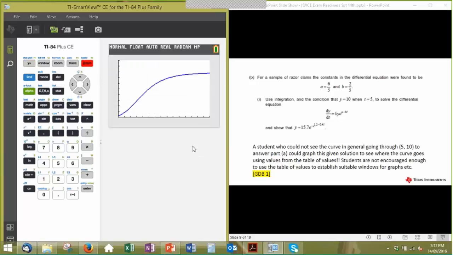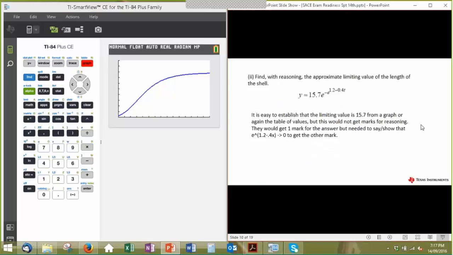There it is, that's the graph of it, and if you transfer that onto the slope field, it comes up quite easily. The next bit of that question was: find, with reasoning, the approximate limiting value of the length of the shell. Now, this is the formula for y, the length of the shell. If you use your calculator, you can see that it's obviously heading towards something fairly straightforward.